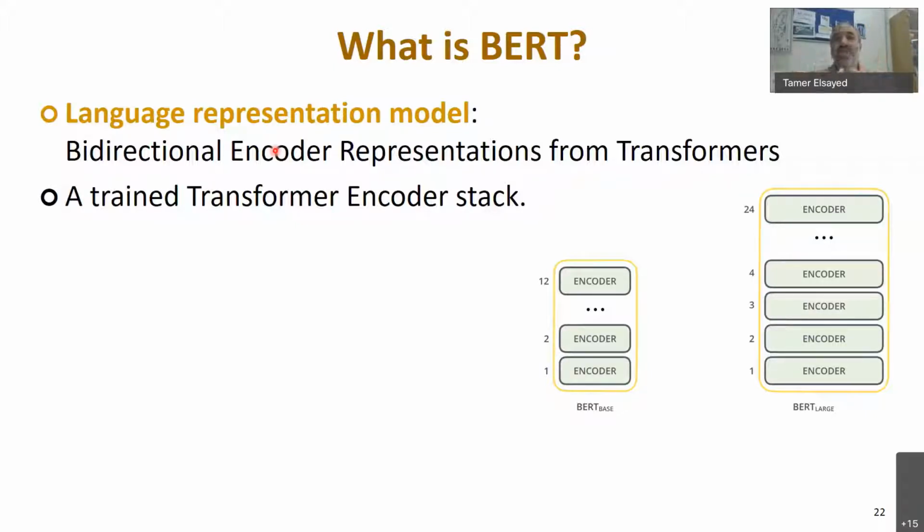It is to understand the language, to provide an encoding of the input, which of course we call, in our terminology, embeddings or contextual embeddings. So the actual goal of BERT is to learn good or high quality contextual embeddings from the input.